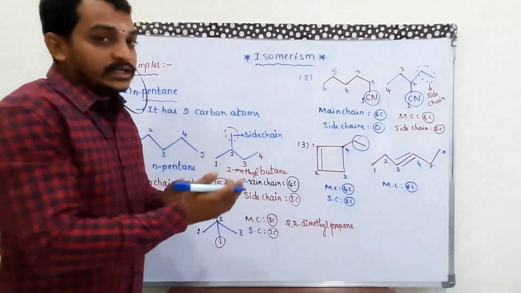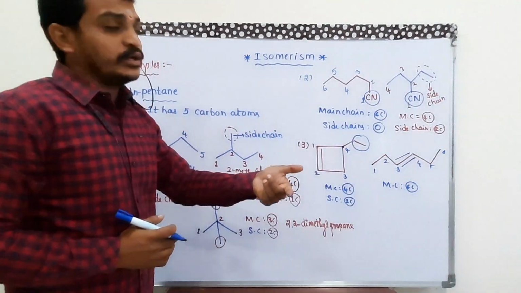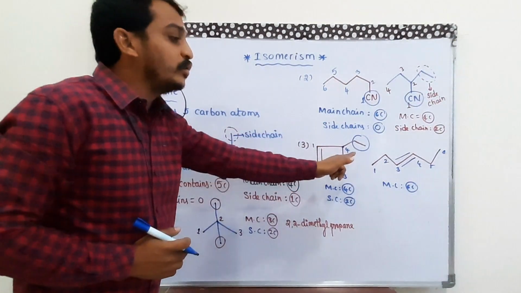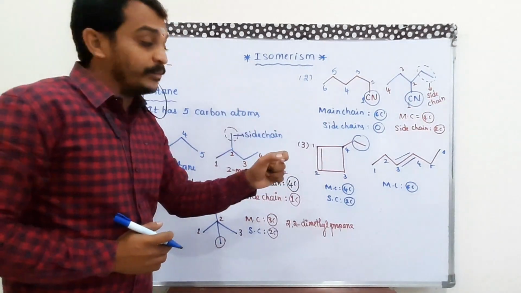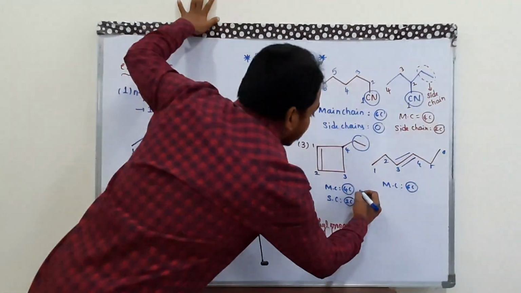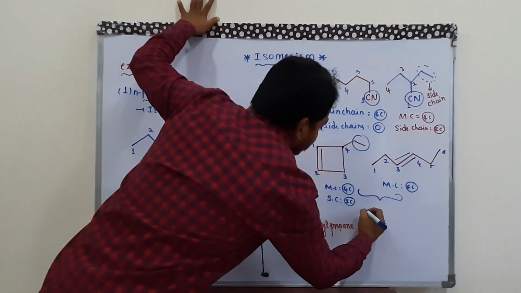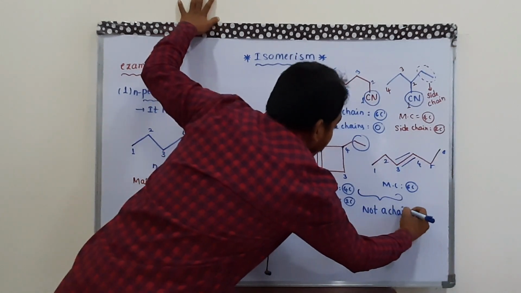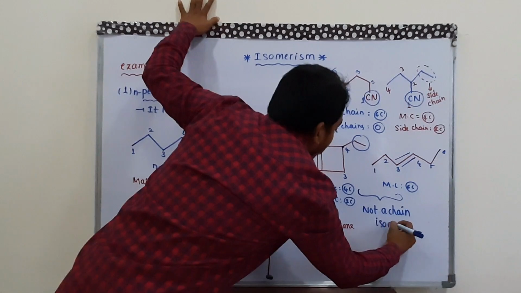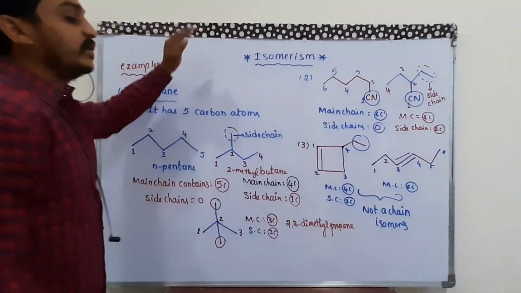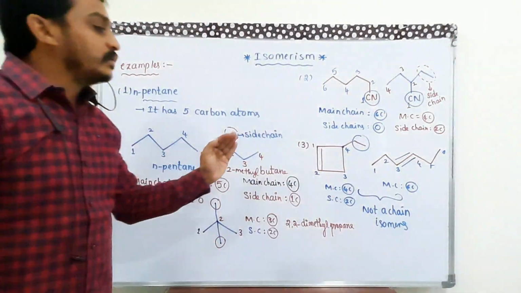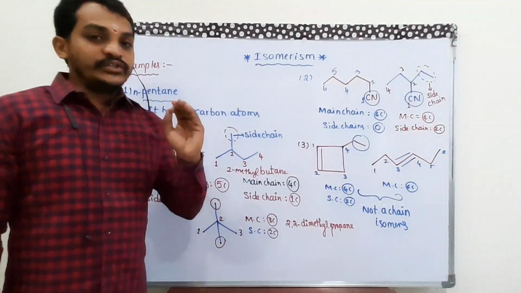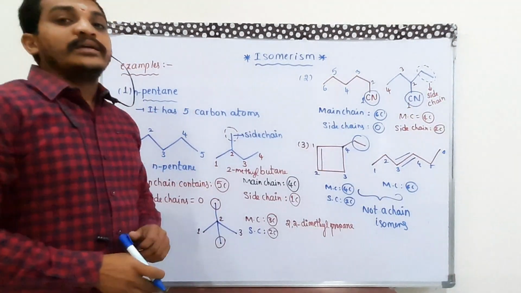A double bond and a triple bond are different functional groups. According to our essential conditions, the functional groups must remain the same. So these two are not chain isomers. These are very important for the identification of chain isomers. Okay, thank you.